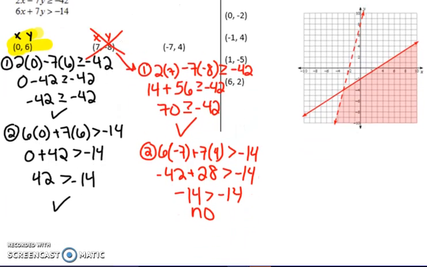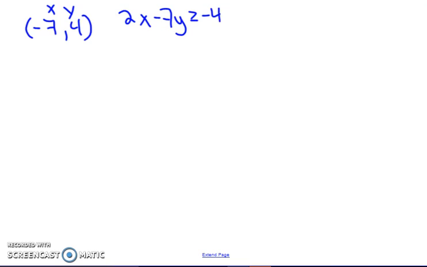Now, for the third point, and I'm going to scroll down some. My third point is negative 7, 4, and my equations we're still using. So now let's plug them in.